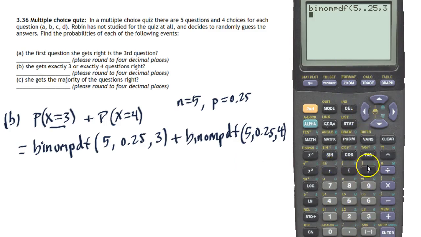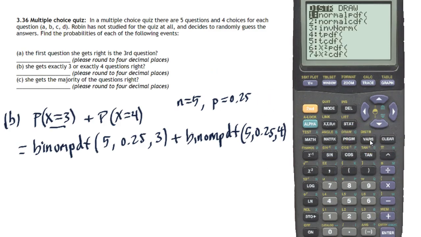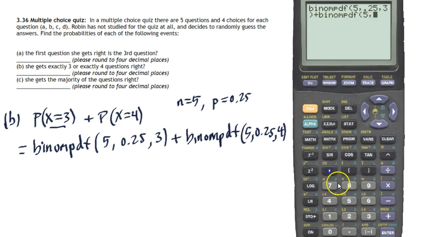If I was to hit enter right now, I would just get the probability of getting exactly 3. But I want exactly 3 or exactly 4. So we're going to add, go back into distributions, and binomial PDF, same n, same p. We want 4 this time.